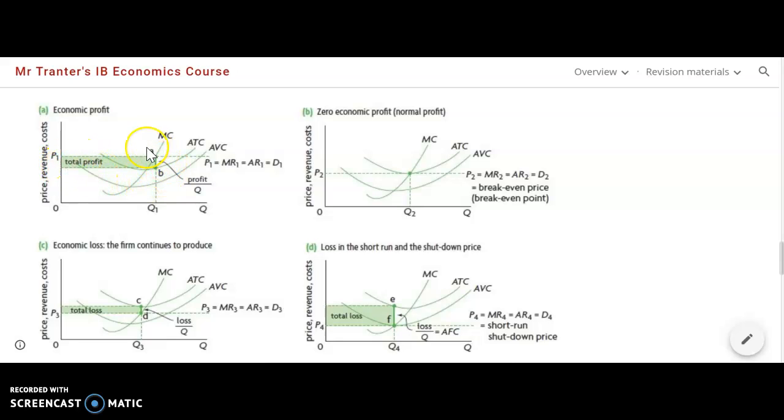Now, as that is greater than 0, it is abnormal profit.